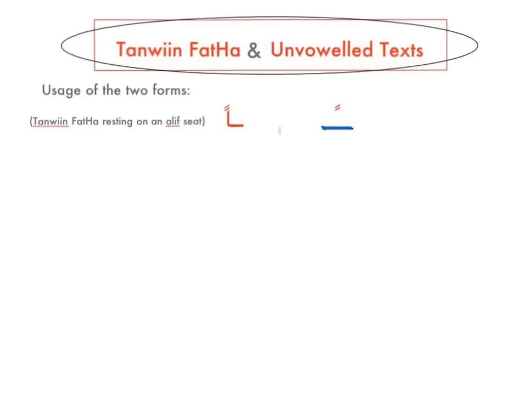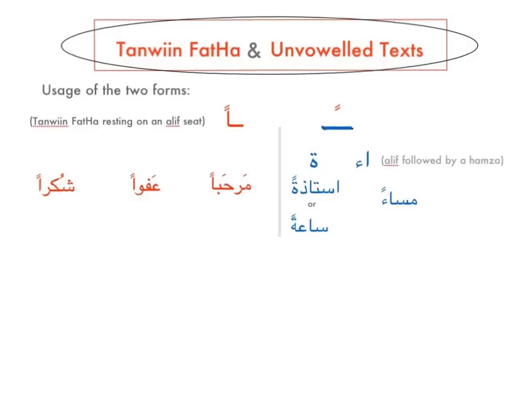So tanween fatha, we said it can be written alone or resting on an alif seat. And there are different uses for the two forms. On this side we have tanween fatha resting on an alif seat, like marhaban, afwan, shukran. So alif and tanween.